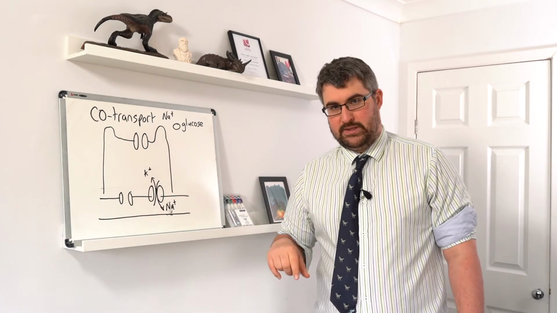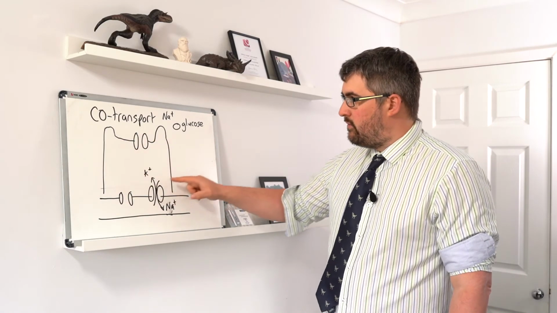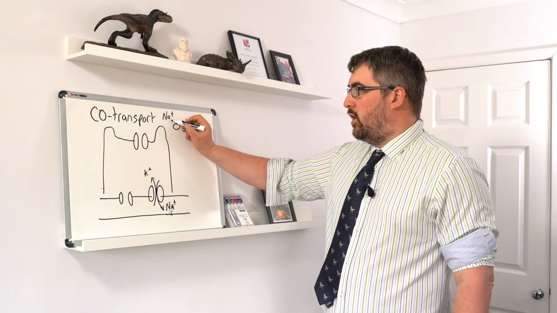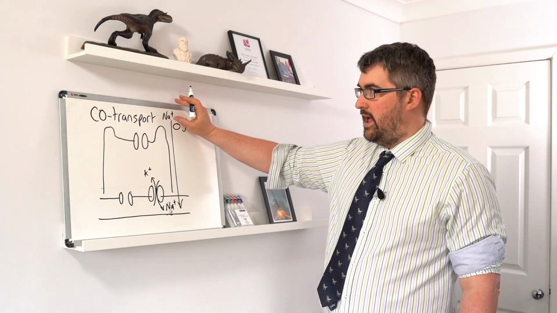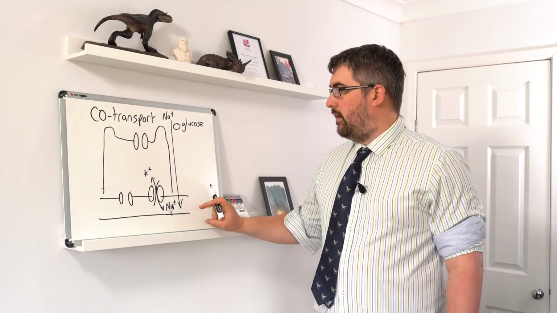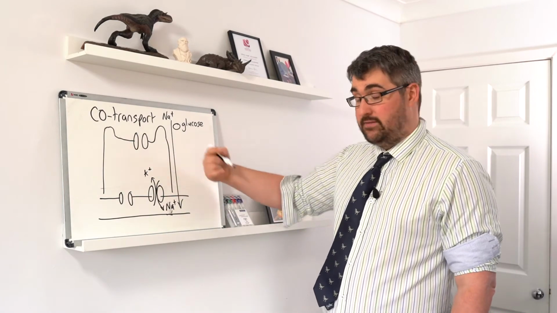I'm not too worried about the potassium ions at the moment. And what that does is it creates a very steep concentration gradient between the lumen and the blood. So I've got a high concentration of those sodium ions in here with all my food molecules, and I've got a low concentration inside my cell because I've been pumping them out, actively transporting them out.